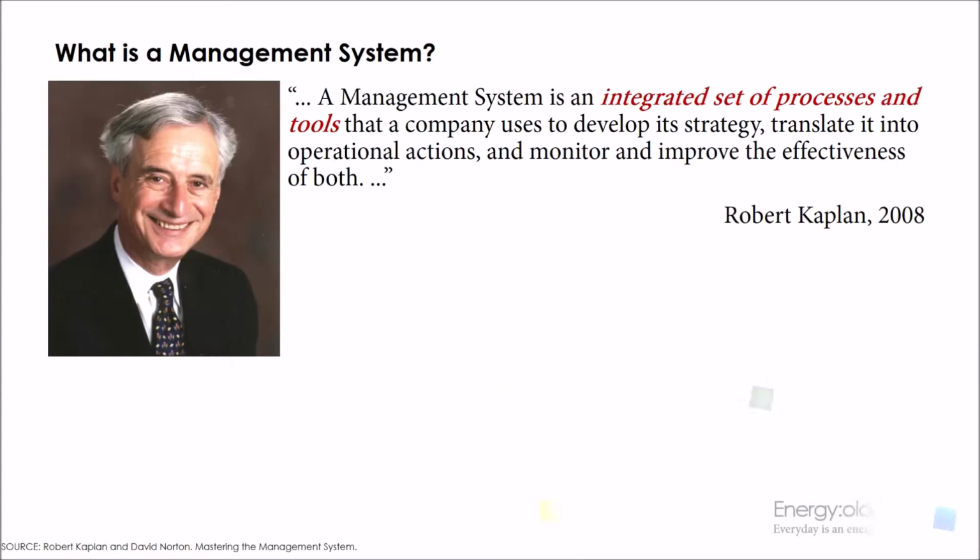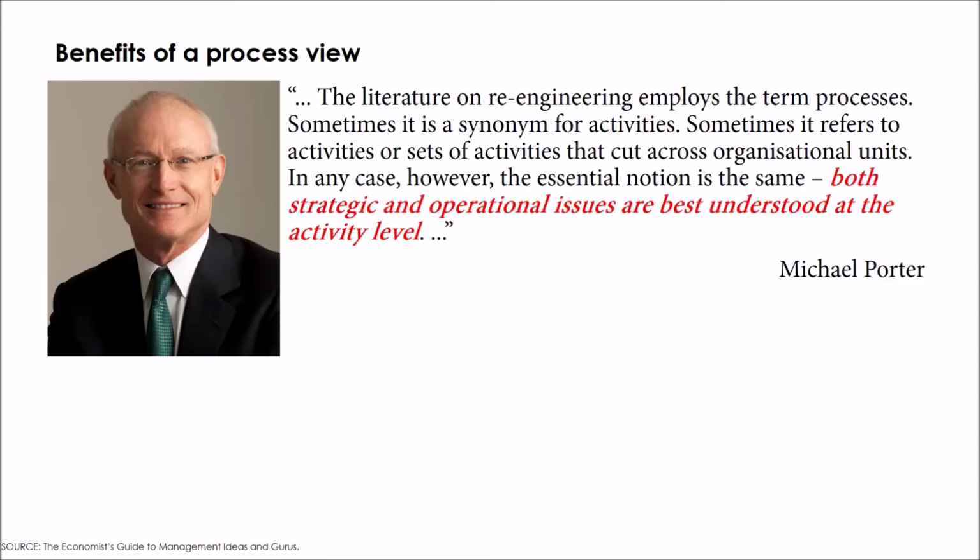Now, Robert Kaplan, when talking about management system, says that a management system is an integrated set of processes and tools that a company uses to develop its strategies, translate it into operational actions, to monitor and improve the effectiveness of both. Now, Michael Porter also talks about processes.